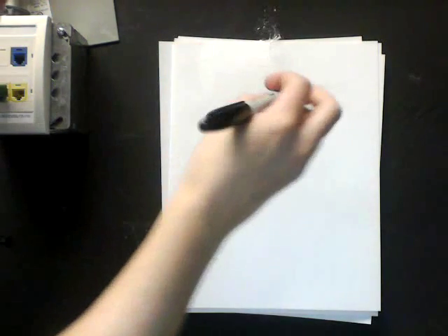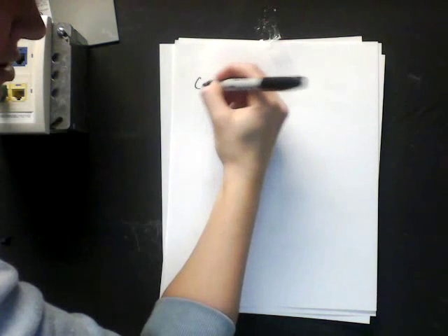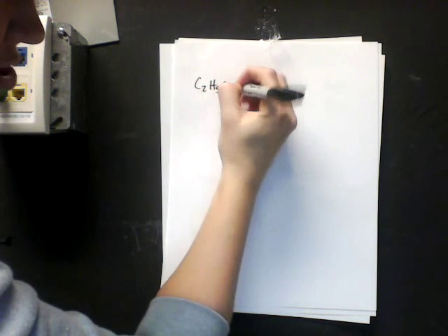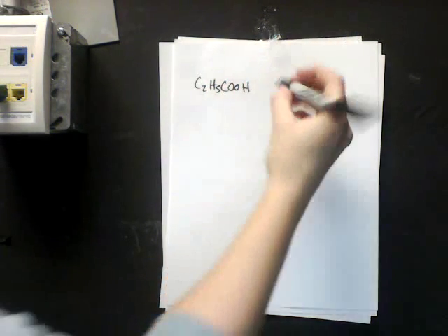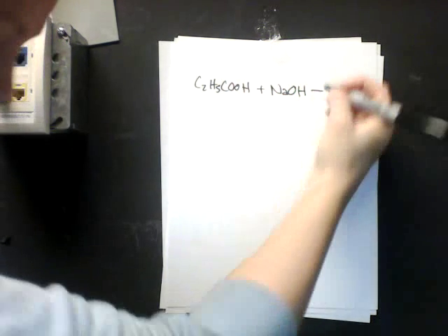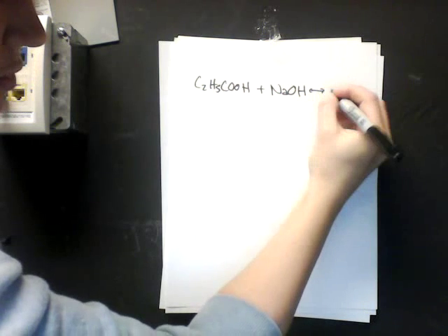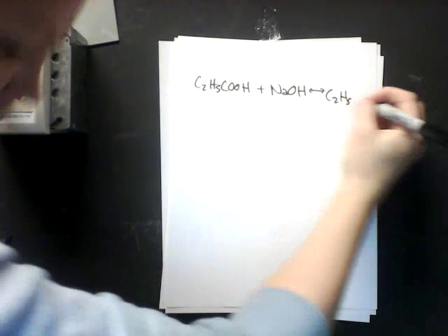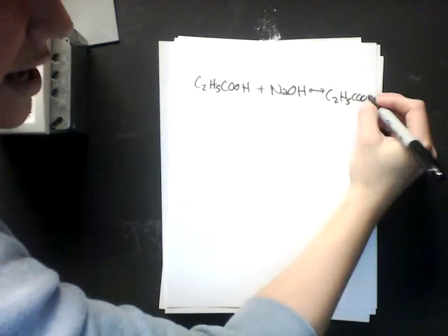So we're going to have C2H5COOH. Now it's saying I'm adding NaOH, and we form C2H5COO-Na. That's what's going to be in my ice chart.